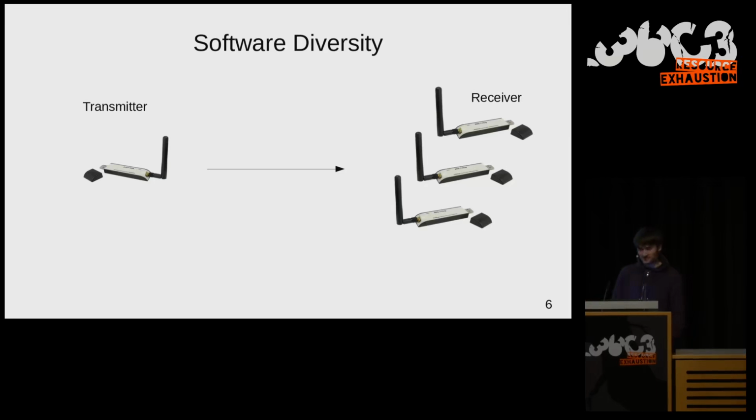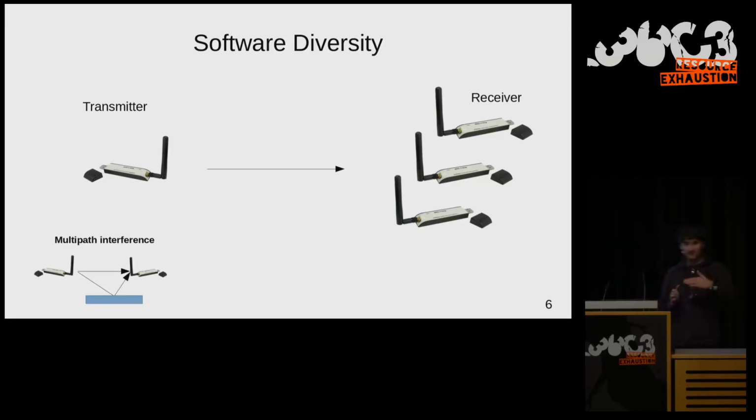In reality, this actually helps quite a bit, and the reason for that is that in reality you have multipath interference. So starting from this oversimplified transmission scheme, you will never encounter such a transmission here on Earth, maybe in space. But here on Earth, you have other objects that cause reflections of the signal. And these reflections will interfere at the receiver side, either constructively or destructively.